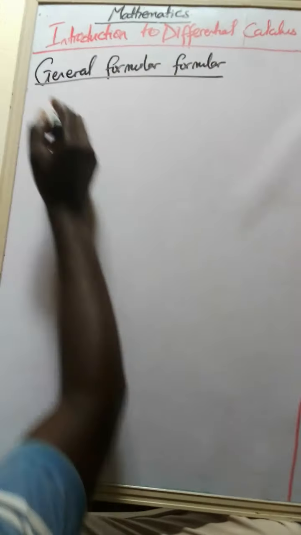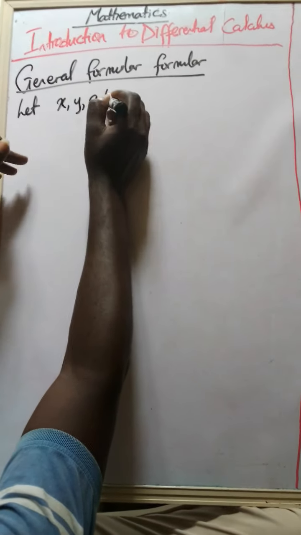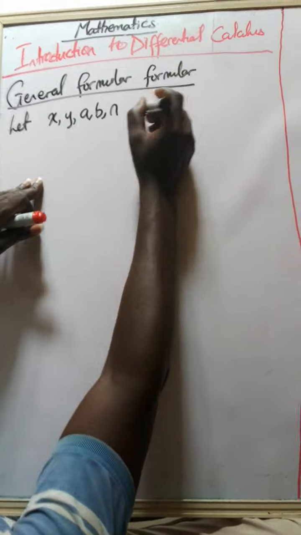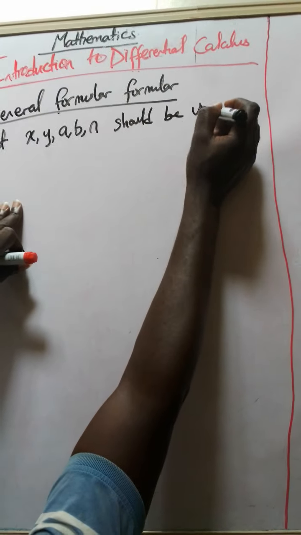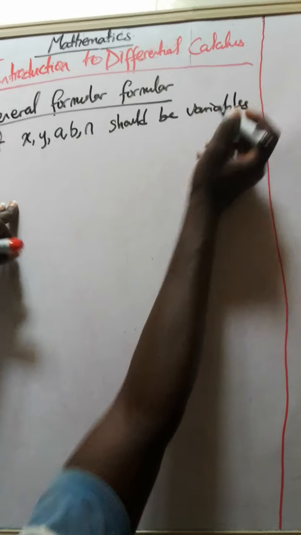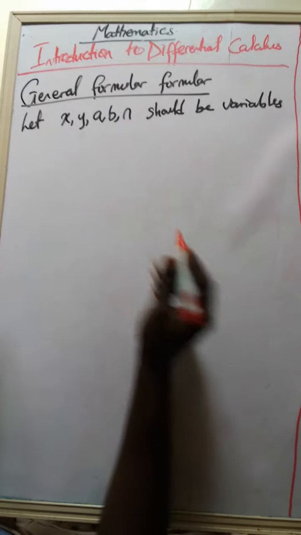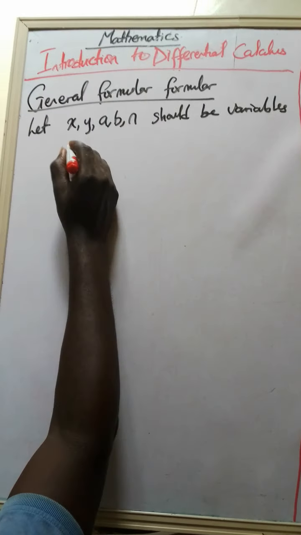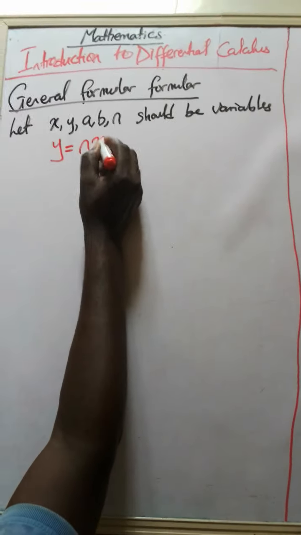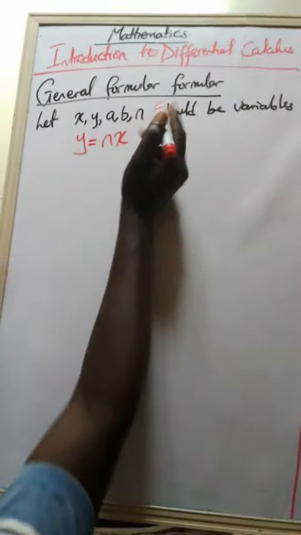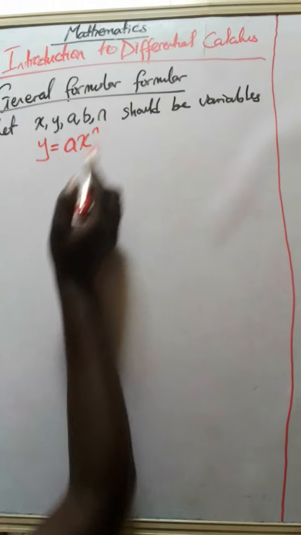And in the general formula method, let's assume we have x, y, a, b, n. All these should be, which is the same as we have n serving as the power and a serving as the coefficient of x, then raised to the power of n.